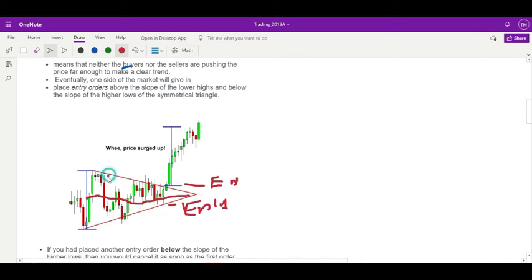Instead of exiting at the full length, you take three-quarters, so maybe it will be somewhere here. You should get out there, not here, please be careful, because the price may end up coming back. Place your exit here. I'll write exit.